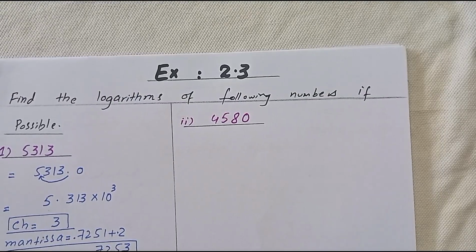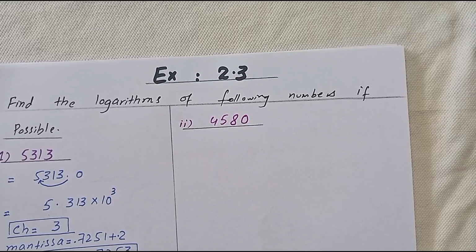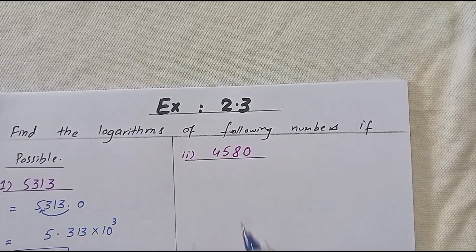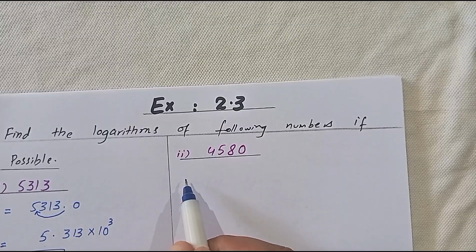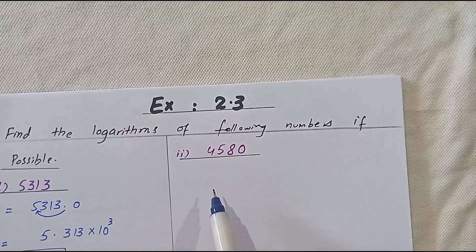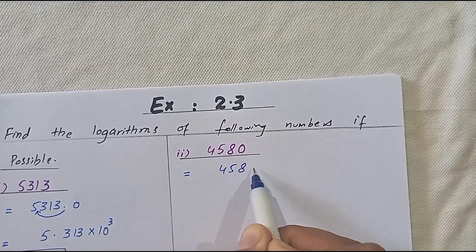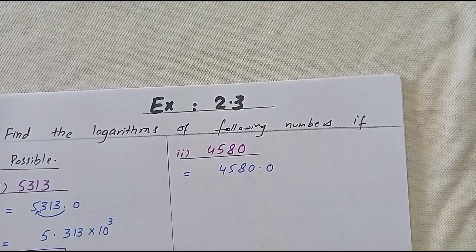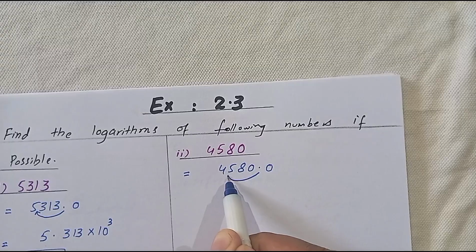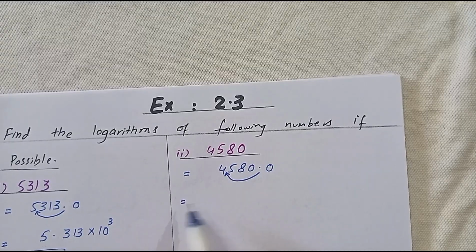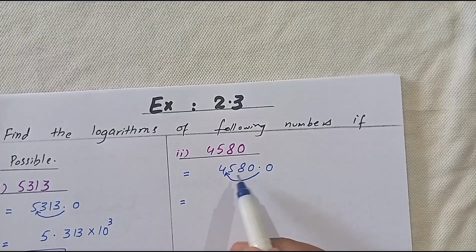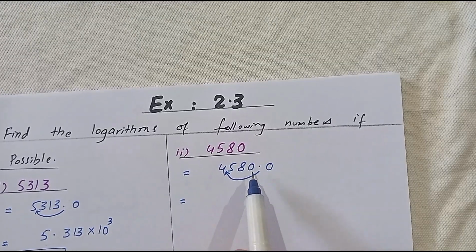In the second part there is a value 4580, so we have to find the log of that value. First we write it in scientific notation. For this we assume the decimal is after 0, so to put that decimal after 4, we move the decimal to the left side, so the power is positive, and counting the number of digits 1, 2, 3.